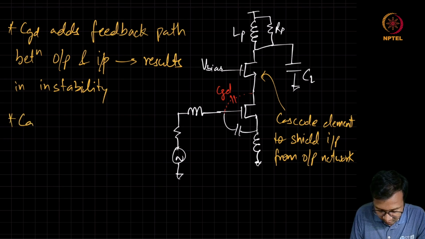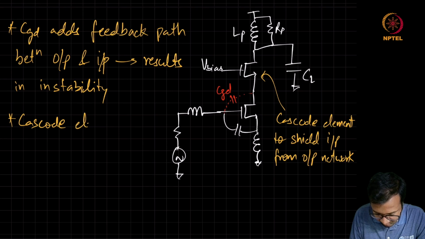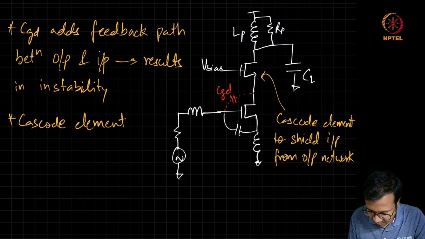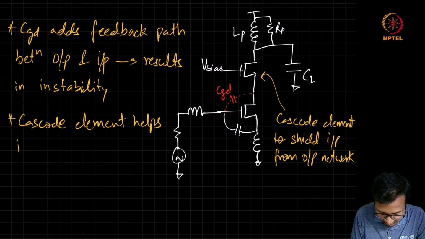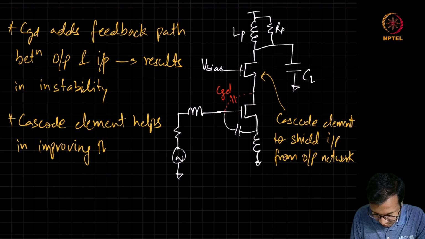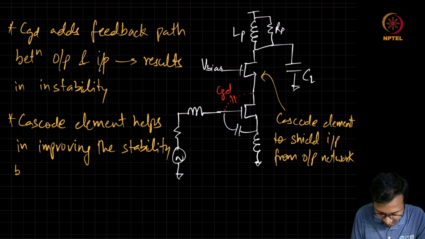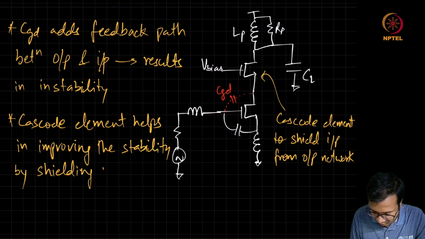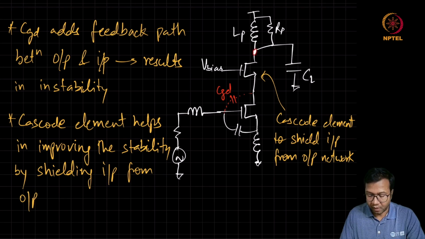So the cascode element is improving the stability by shielding the input, effectively by cutting any feedback path between the output and input.